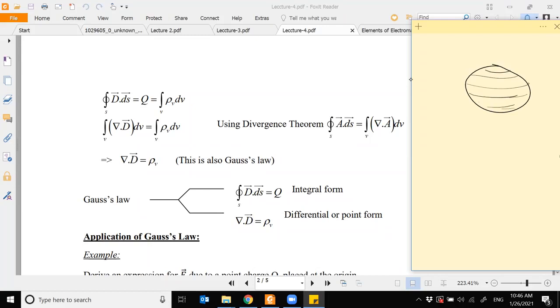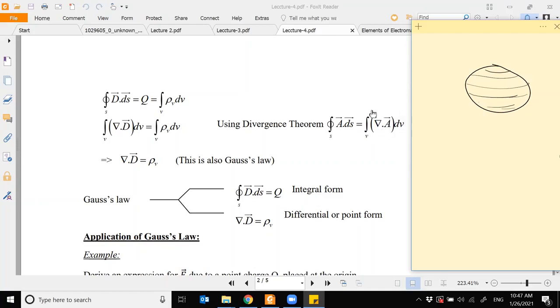So the closed surface is enclosing some volume. And what is that volume? The hollow part inside is the volume. So this is what the divergence theorem is relating: the surface integral with the volume enclosed by the surface.